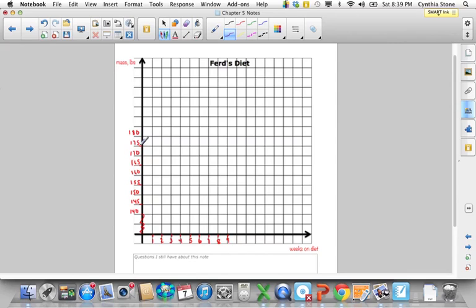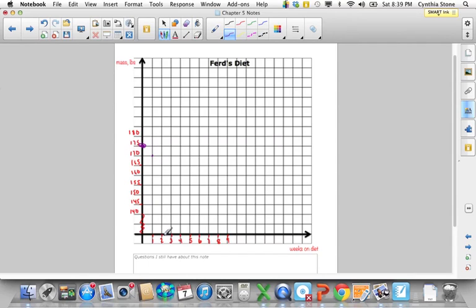Okay, so if we want to graph this, we say, okay, well, he starts, and you'll notice, by the way, I'm jumping up by 5s here. So he starts at 175. So draw a dot to mark your starting point. 1 week later, if he loses 5 pounds a week, 1 week later he'll be 170.